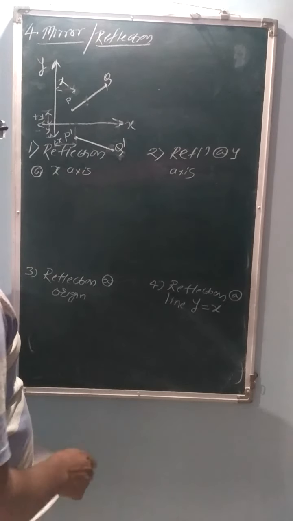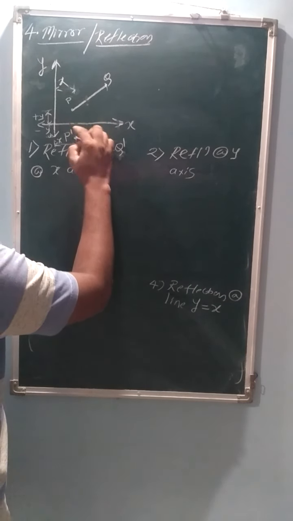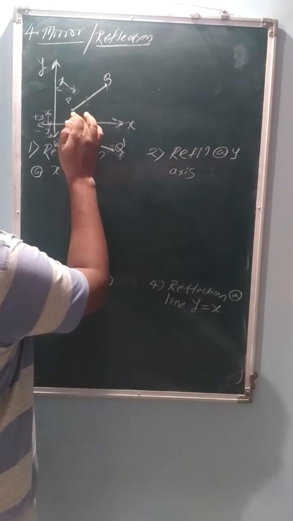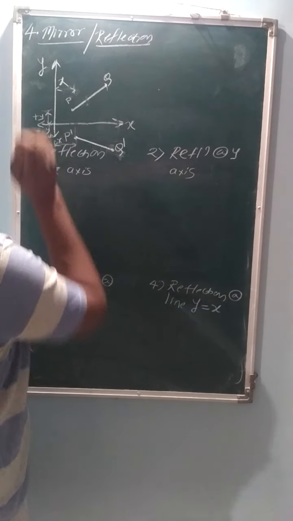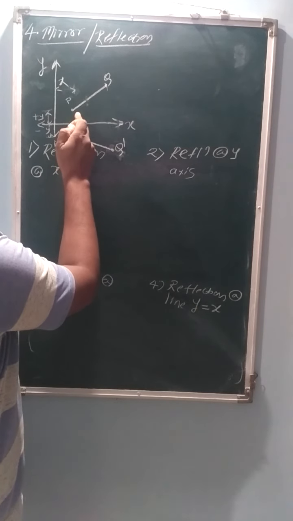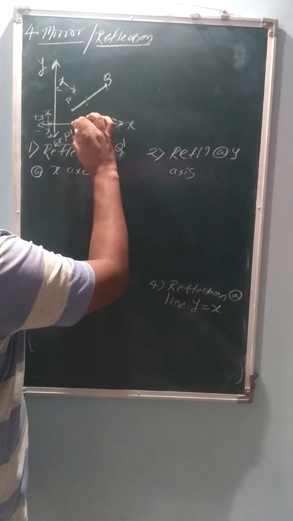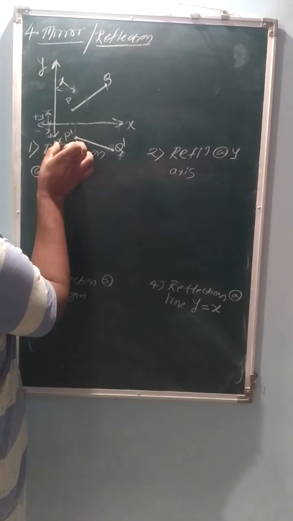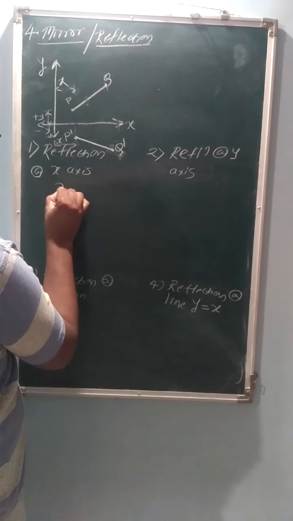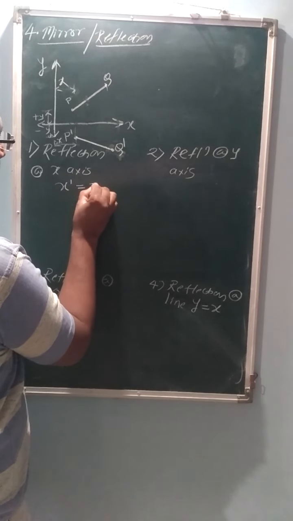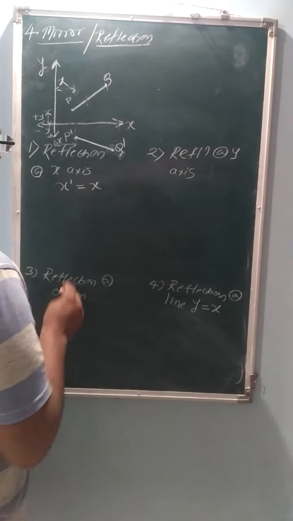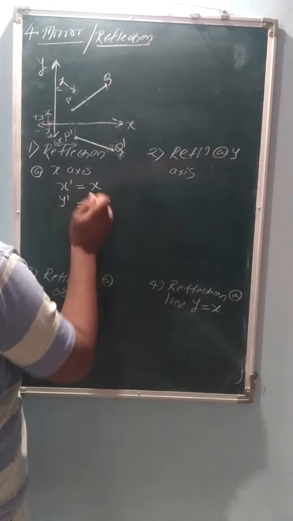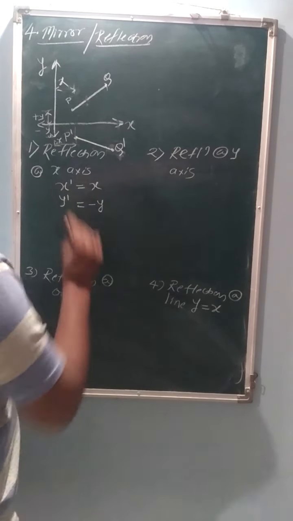Now our aim is to find this P dash or Q dash. For the sake of convenience, consider a point P only. So for point P, x dash for the reflected point will be x only because of the same distance, and y dash will be minus y.